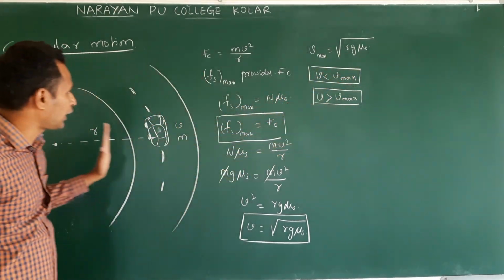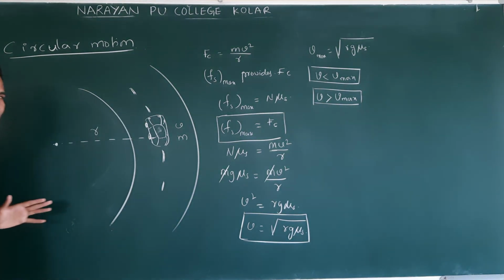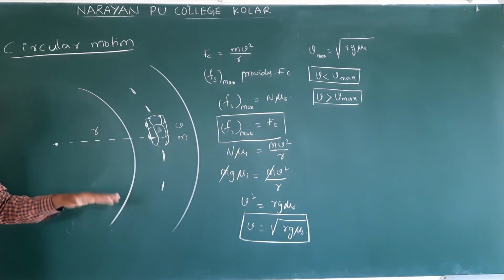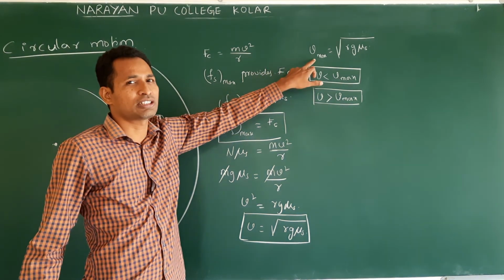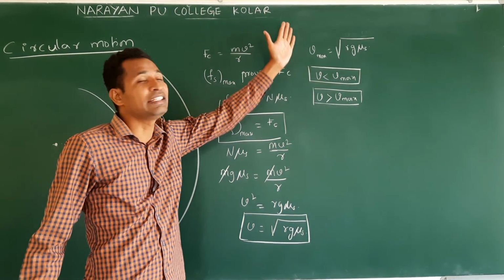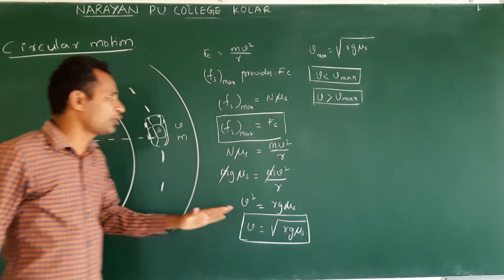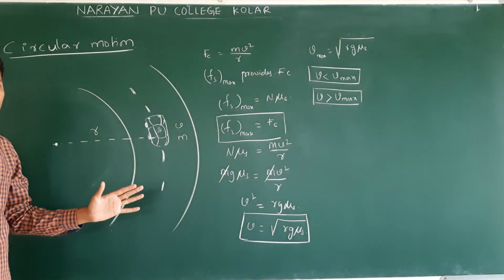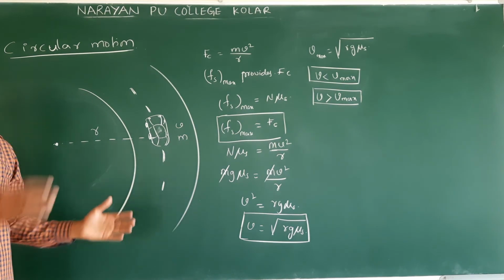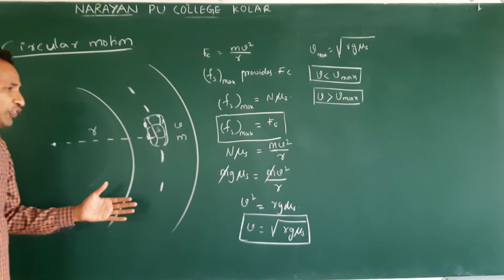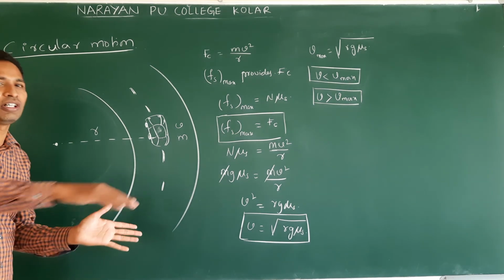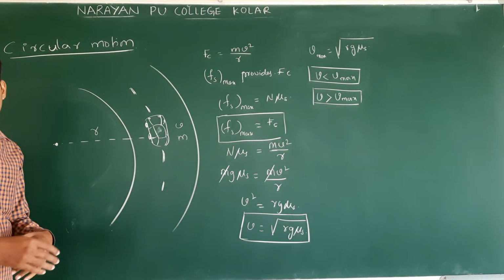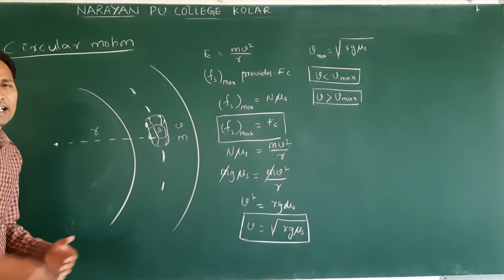Means if the curved road has a large radius, then we can move very fast because the maximum velocity increases. Clear? We cannot take the turn with a high velocity. If you have a narrow curve, in the narrow turn, will you move with high velocity?